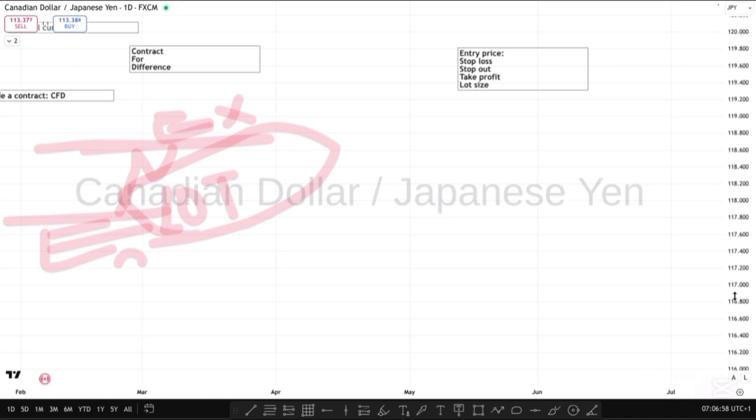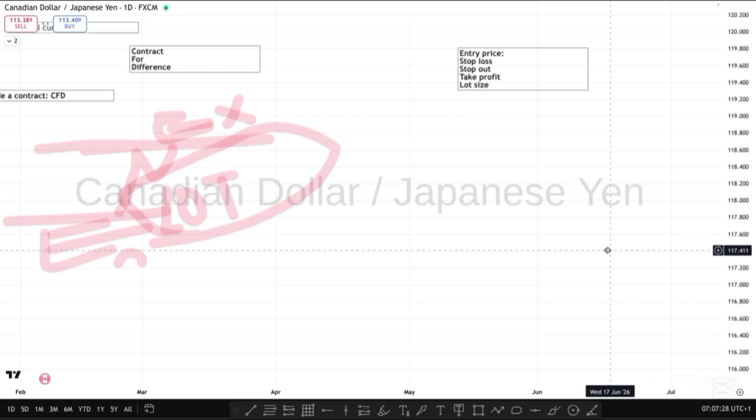Your entry price is whatever price a trade is placed at. Let's say I placed a buy at 117.411. That is my entry price, the price that I entered on that trade.